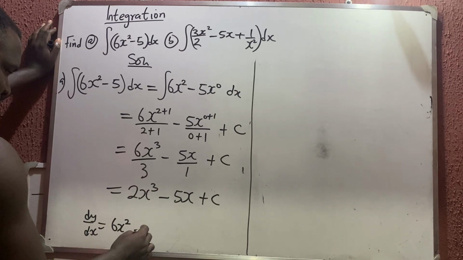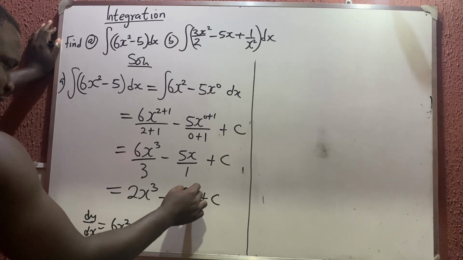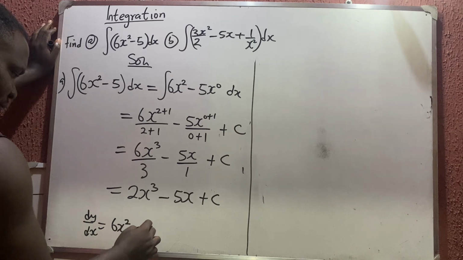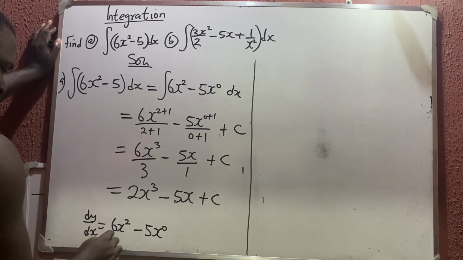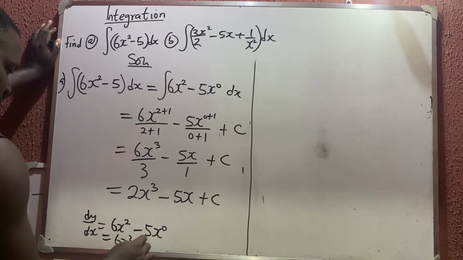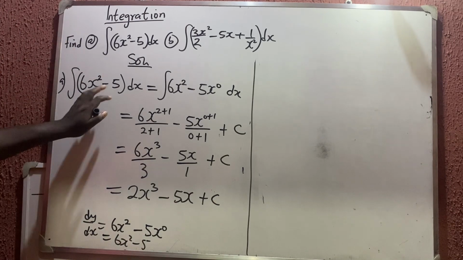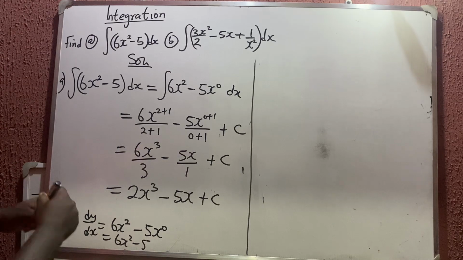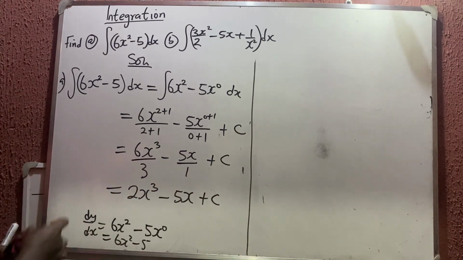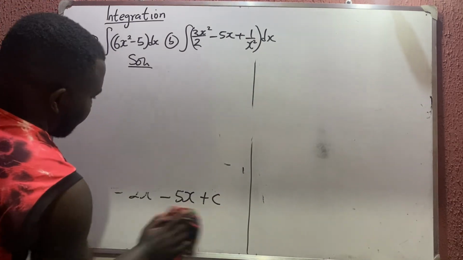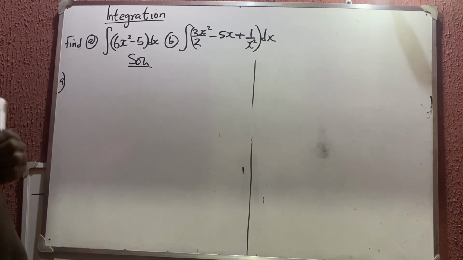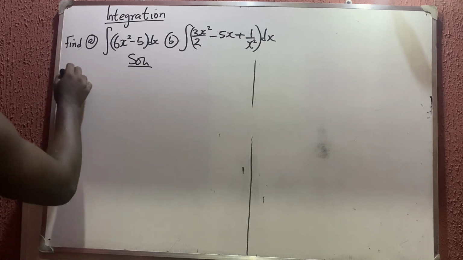So minus, there's an invisible 1 here, so 1 times this, I'm going to have 5x raised to power, remove 1 from that 1, I have 0. So I'm now left with 6x squared minus 5. See, we got the question itself. So you should know that integration is the direct opposite of differentiation. Differentiation is multiply by the power, remove 1 from the power.